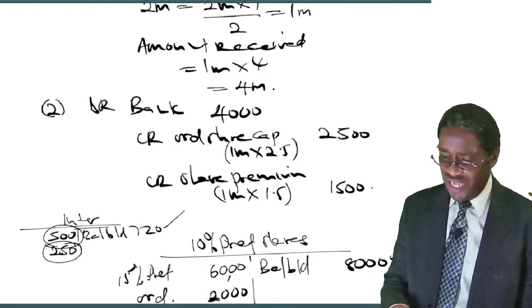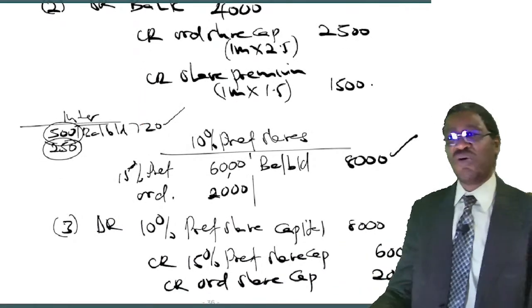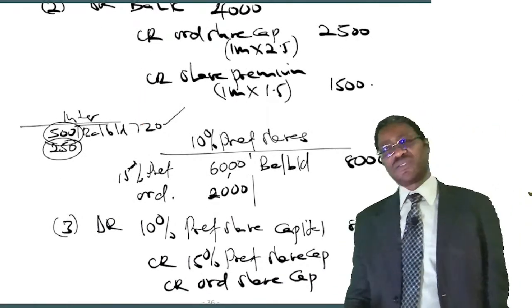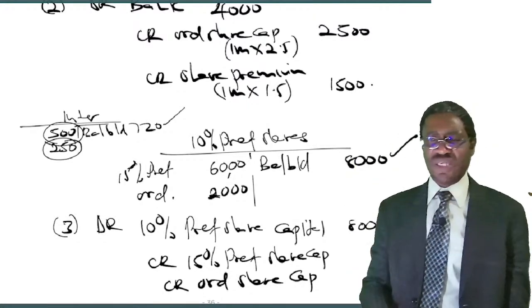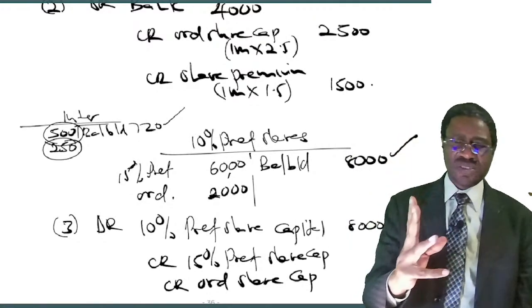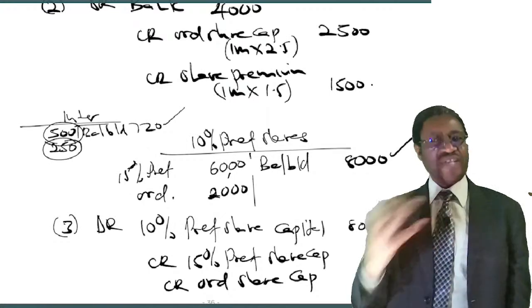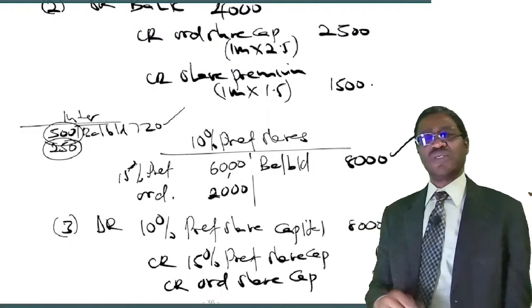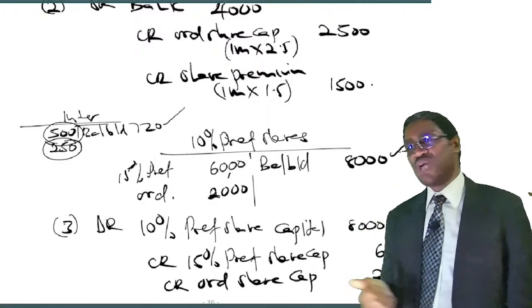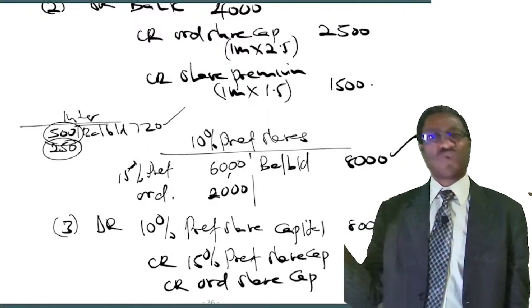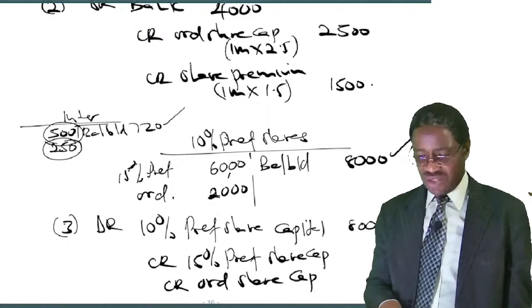Good. Then we were told the existing 10% preference shares were to be replaced with 2 things: preference worth 15%, and ordinary shares. I told you there was an issue, in the sense that going by the version as it is, you would have issued a preference worth 60 million. It's not logical. The word shillings was missing.